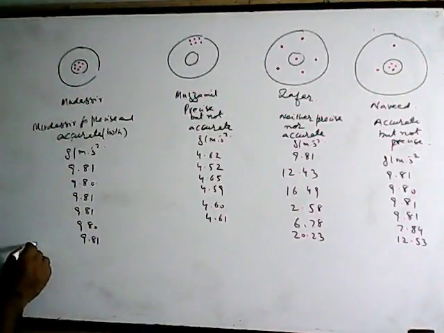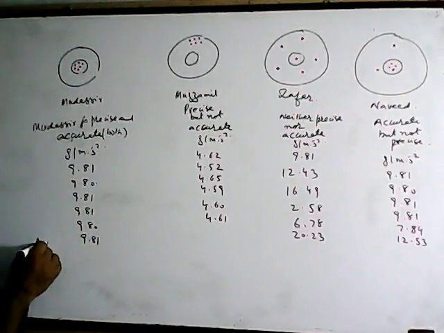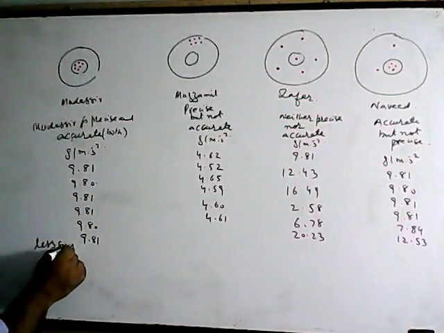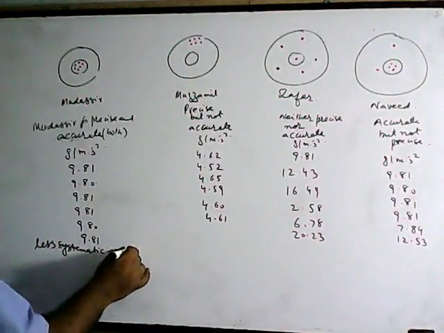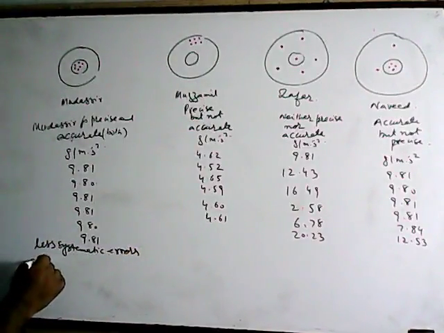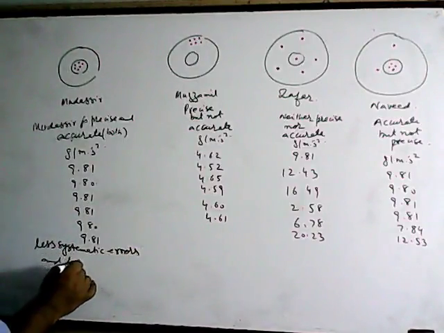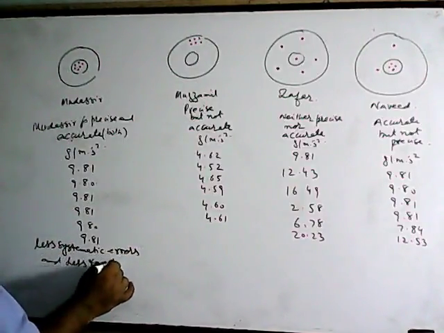So he has less systematic errors and less random errors also.